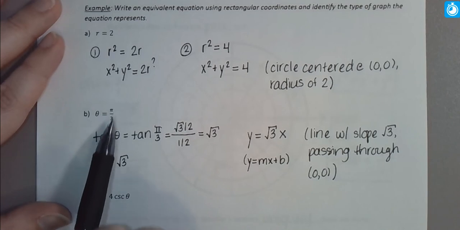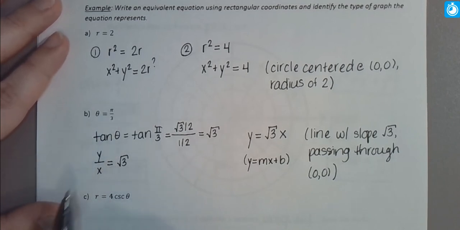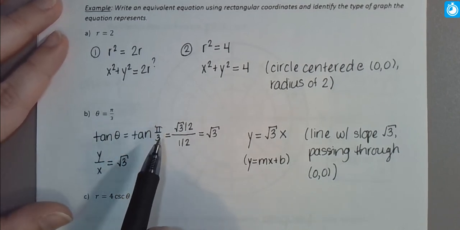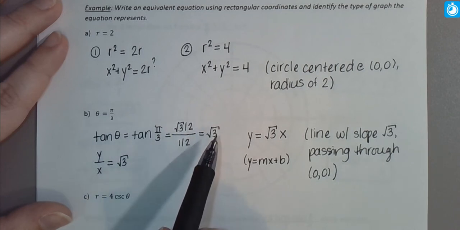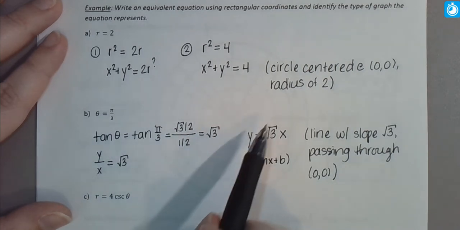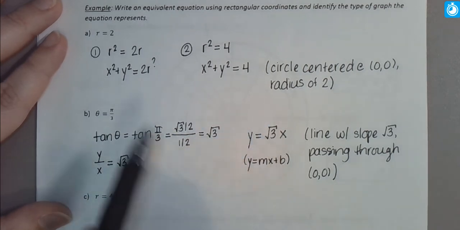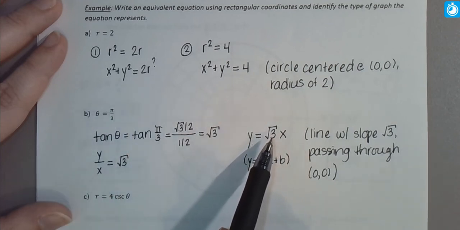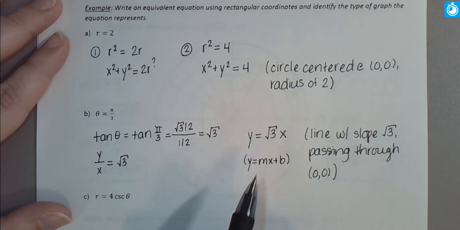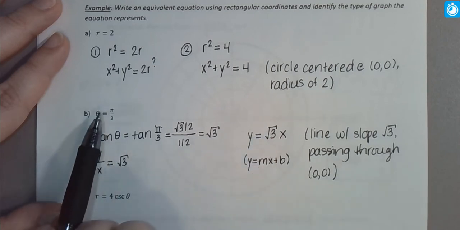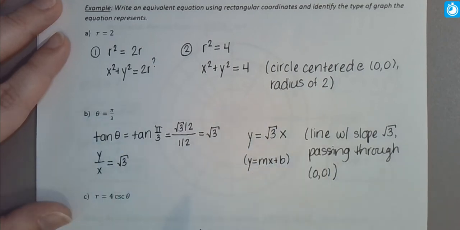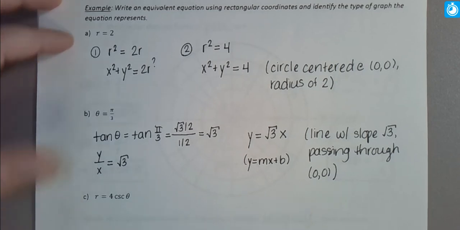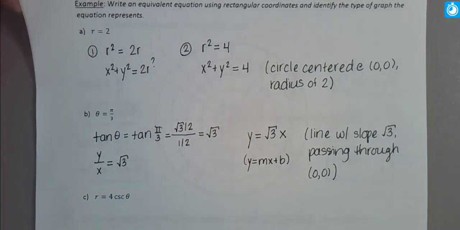If we were to change pi over 3 to, say, pi over 4, when we take the tangent of that value, we'll get a different value here. That value became the slope of our line. So a different constant over here would also result in a different constant over here. In other words, a different slope. But we can generalize the type of equation, the type of graph that it generates just based on the form.